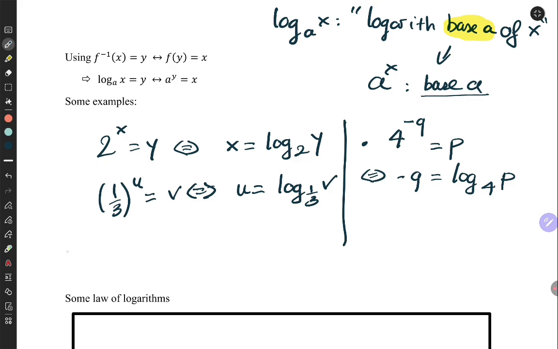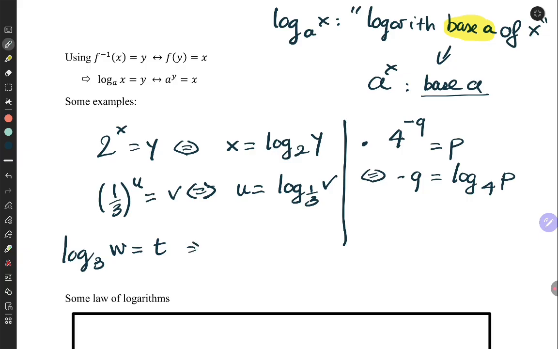How about logarithm base 3 of w equals t? How do you rewrite this?